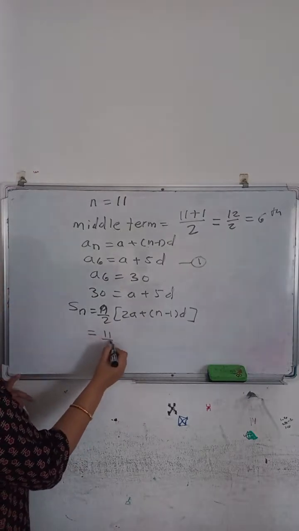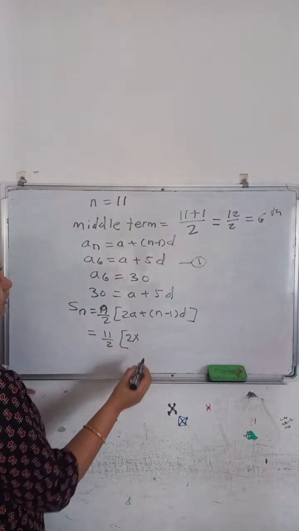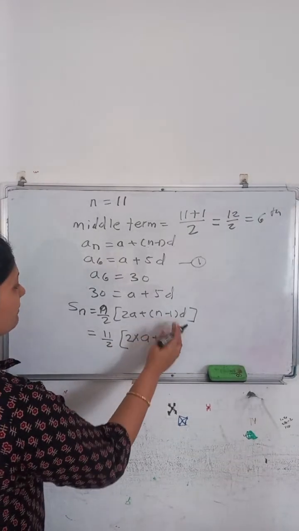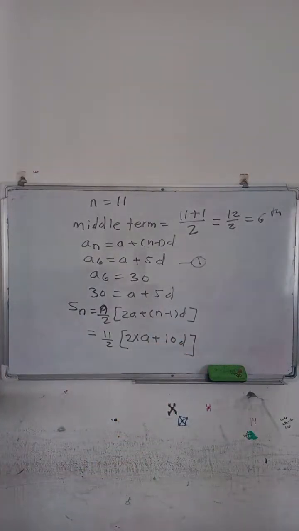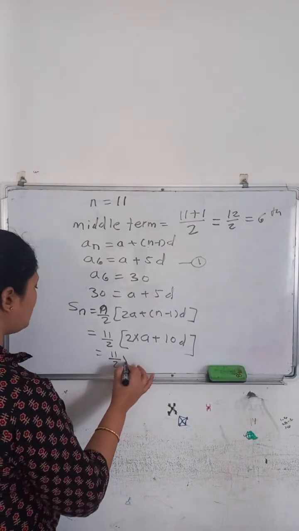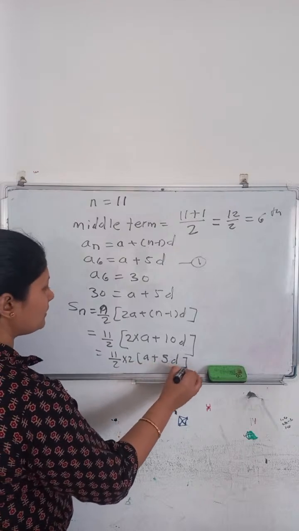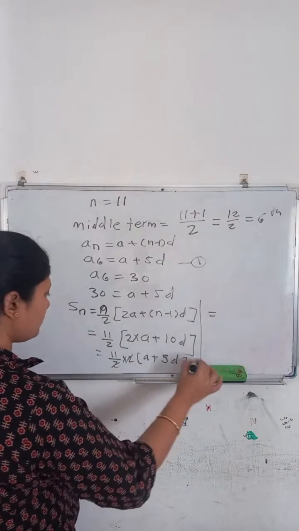So 11 by 2, then 2 into a, plus 11 minus 1 is 10 into d. Can you get this? Now I will take 2 common: 11 by 2 into 2 times the bracket a plus 5d. So 2 and 2 get cancelled and remaining is 11 into the bracket.